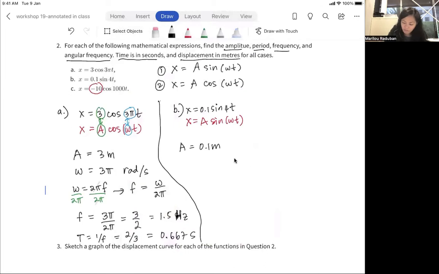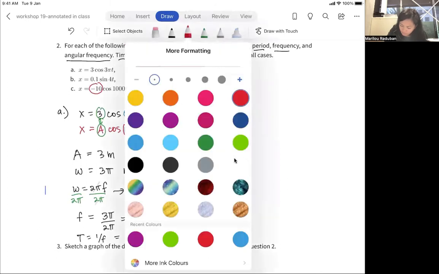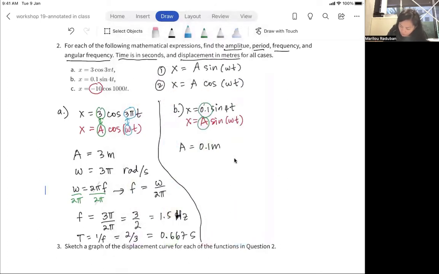So comparing, again, amplitude is this, and omega is the number in front of t. So omega is 4 radians per second, which is the unit for angular frequency.